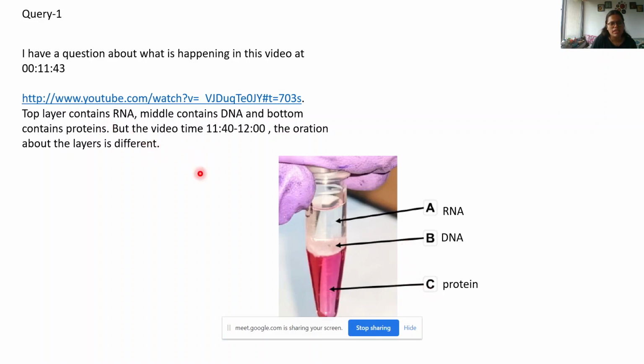So we are trying to fix that. Definitely, this is the correct way the proteins are separated by the triazole method. You get first the band of RNA, then the DNA, and protein is present in the lower organic layer. So we are working on this and trying to rectify it.